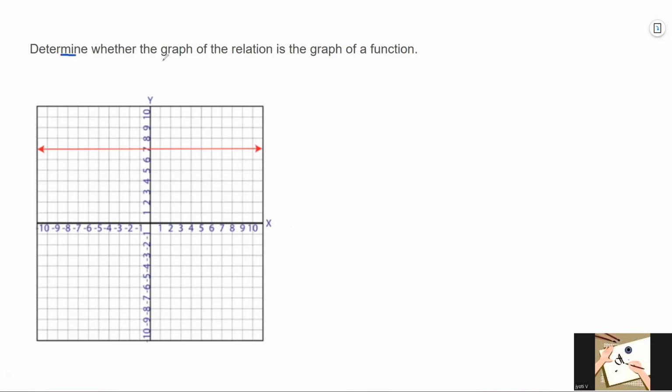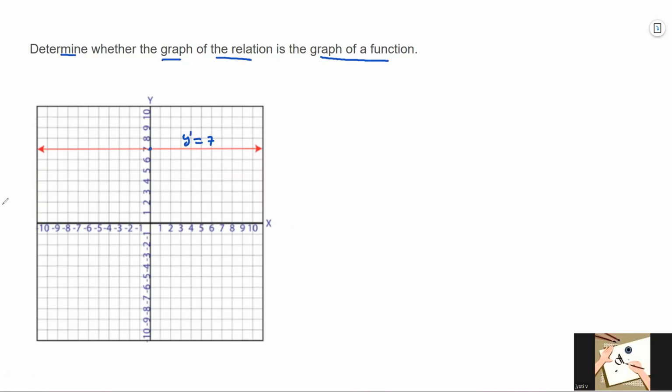Determine whether the graph, you see the graph, the red color line, the graph of the relation, is the graph of a function or not. So this graph intersects the y-axis at 7. The y-intercept is 7. So the equation of this line is y is equal to 7. So it is a linear equation graph because y's exponent is 1 and it is a straight line also.